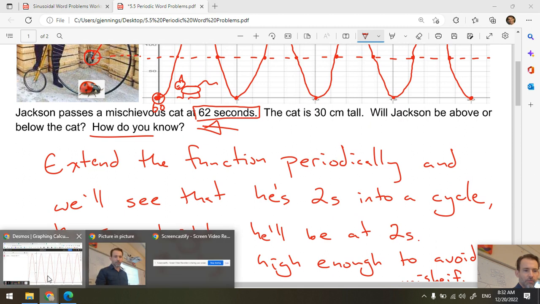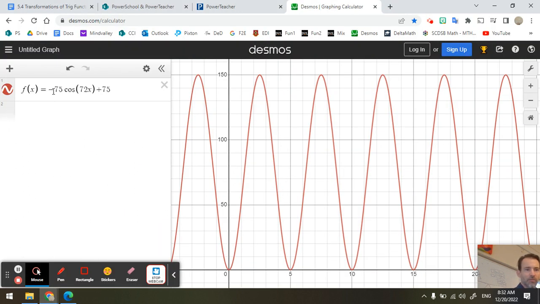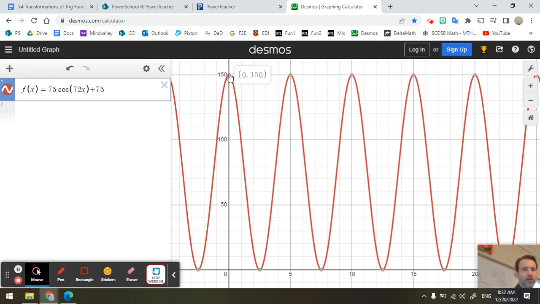Notice that if we didn't use a negative 75, we would be starting at the top of our period. And what we could do if we wanted to have a D value here is we could say I want to start at the bottom. So I know that the period is 5. I want to shift that by half of the period. So I can either do plus or minus 2.5.